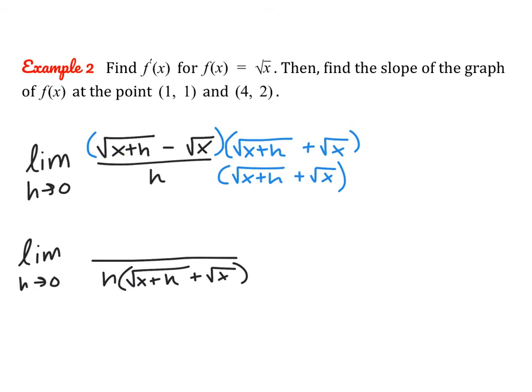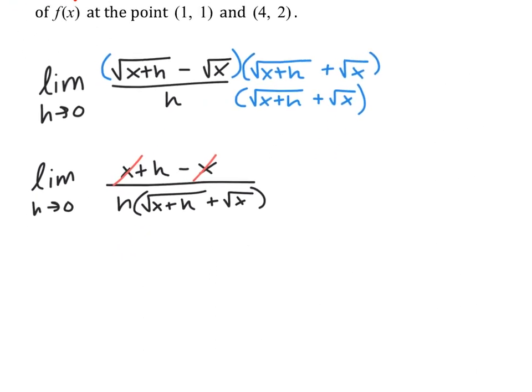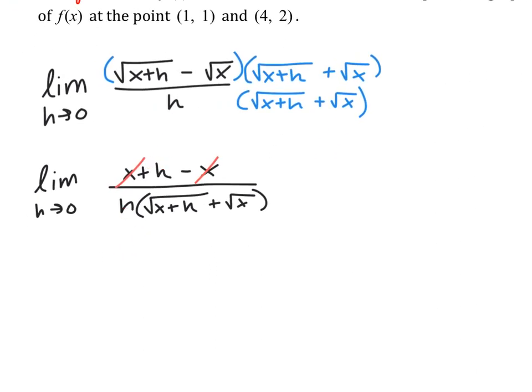So in our numerator, I have this times this, which just becomes x plus h. And then this will cancel out with this, and then what I have left is minus x. So if I simplify my numerator, you'll notice that my x terms cancel out. And then for me to evaluate this limit, I can divide out a common factor of h. And then I should be able to use direct substitution.